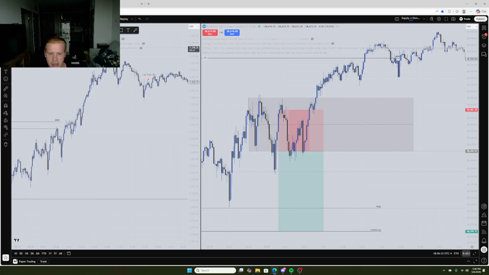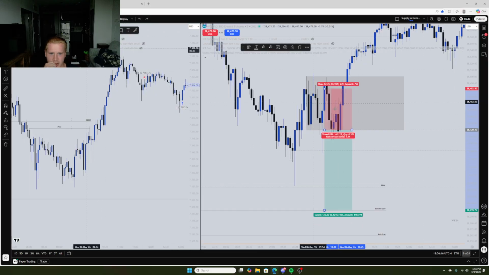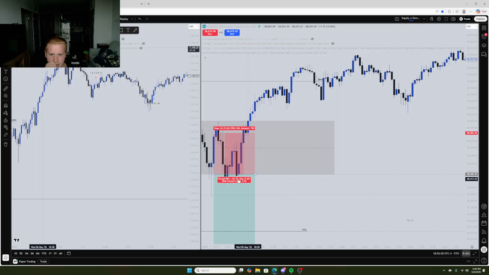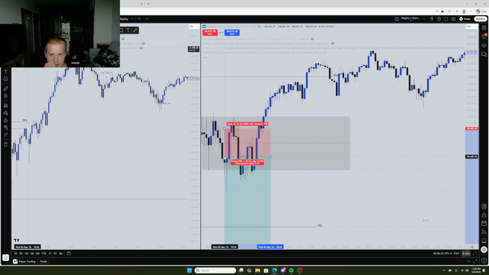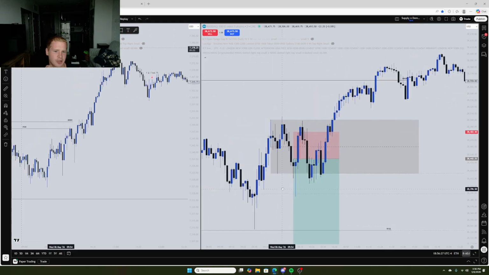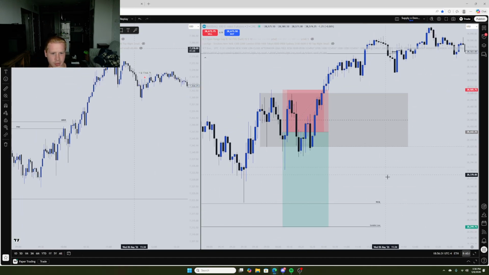What I could have done better: I was a little overconfident in it. I probably could have entered in this 2-minute. Entering back when we retested is very good RR-wise. I could easily have my stop loss above here and still manage to get a 2R.